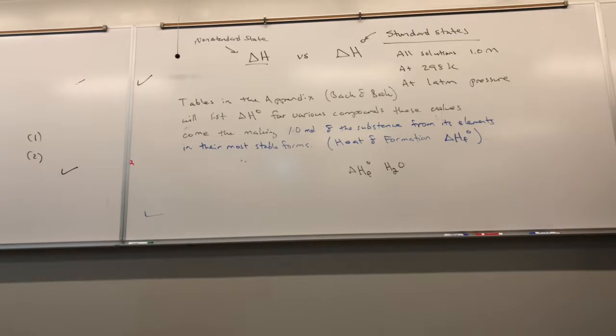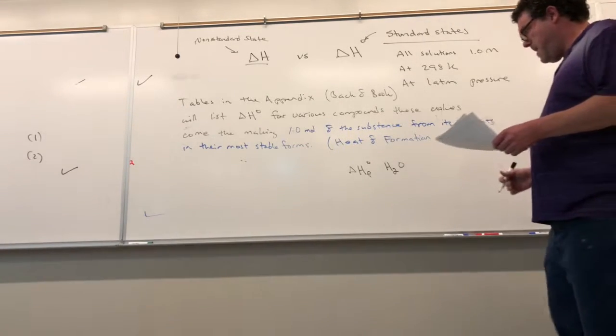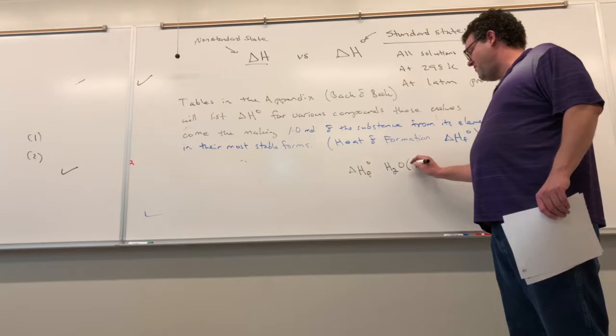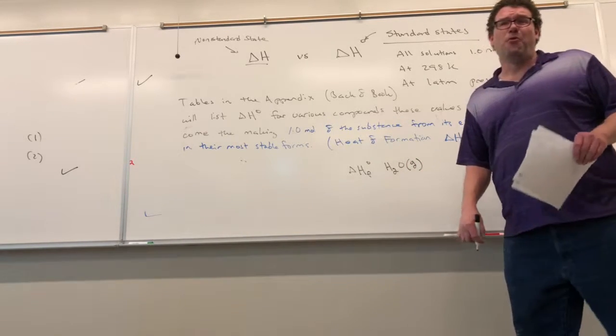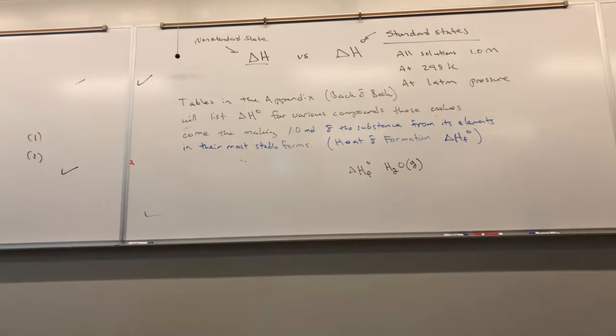Yes. Yeah. Because it's a standard state. Yes, but you've got to know what form the water is in. So is it a solid, is it a liquid, or a gas? So there'll be 3 values in the back, 1 for each, okay? So you've got to know, well, am I talking about water being formed as a gas? Am I talking about water being formed as a liquid? Am I talking about water being formed as a solid, okay?